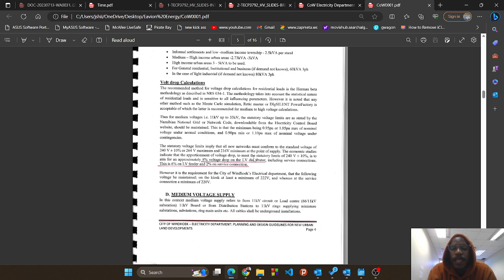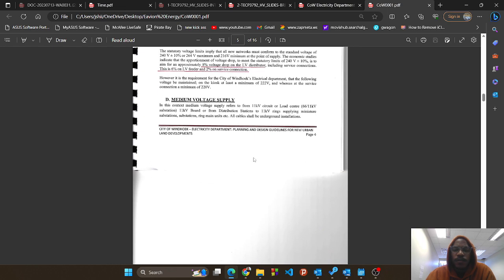So this is just to indicate your voltage drop, so you do your Herman beta calculation as to what voltage drops you're supposed to not exceed. So you're not supposed to exceed 8% voltage drop. So you can go through there in terms of voltage drop.